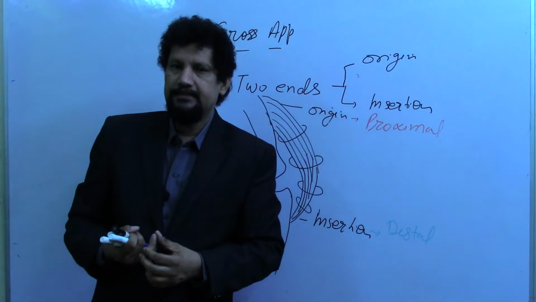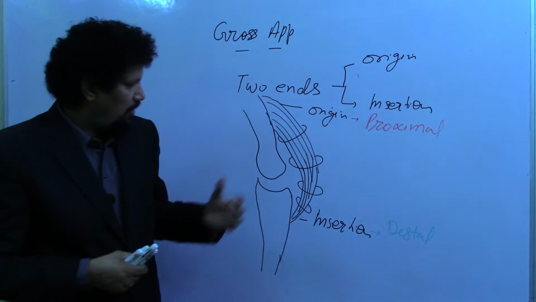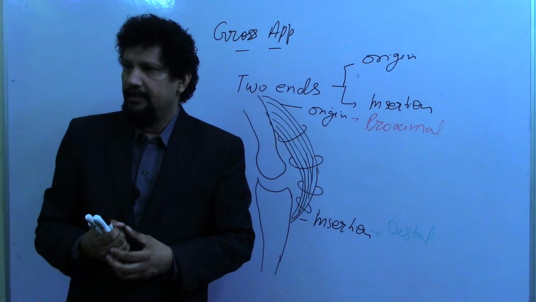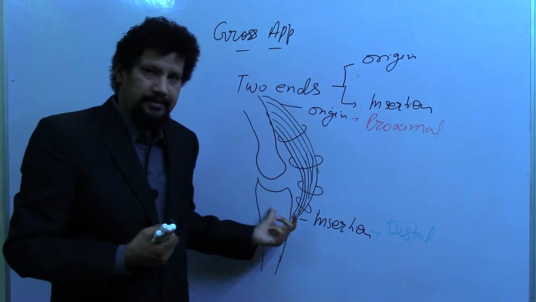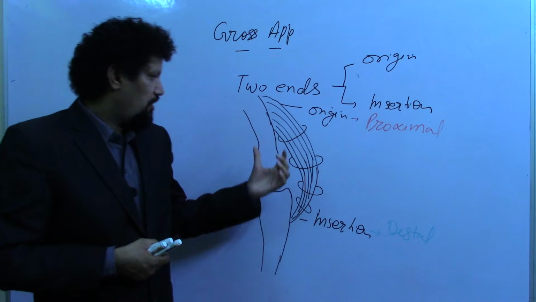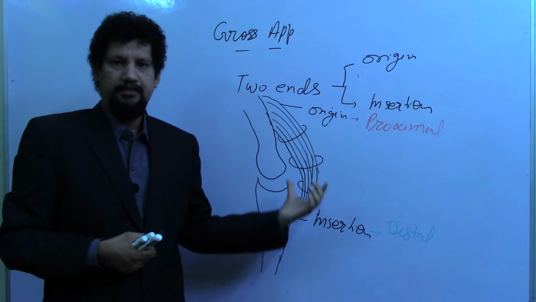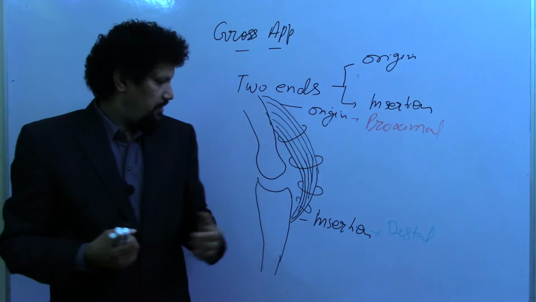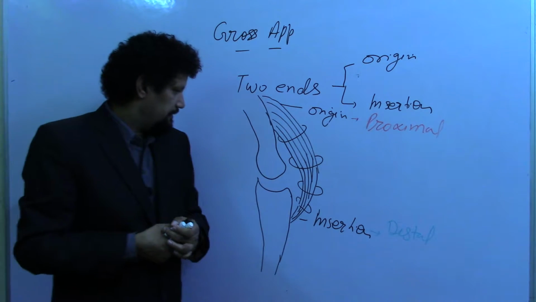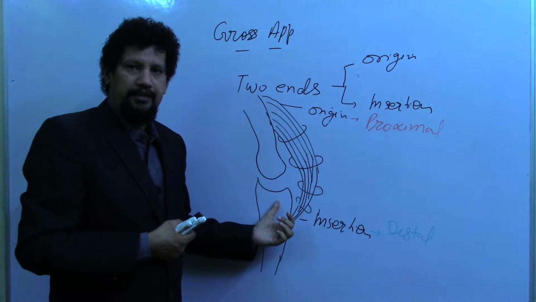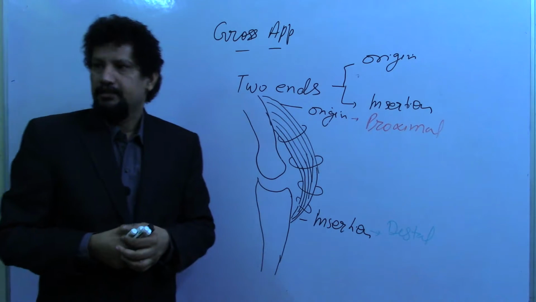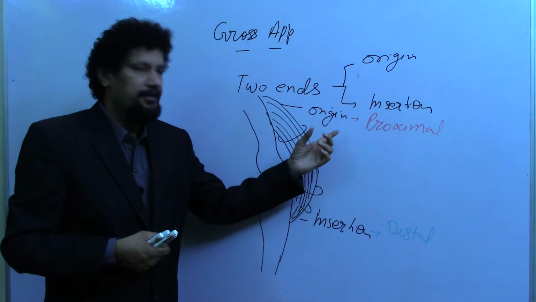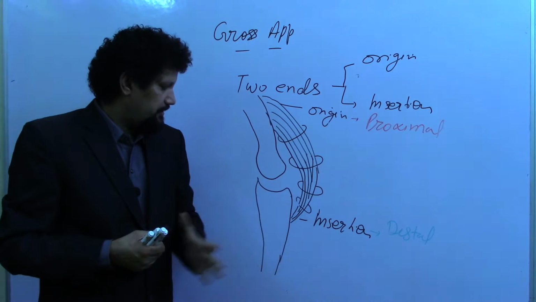The joint is acting as a fulcrum where the distal end, or movable part of the bone, is acting as a lever, and due to contraction of this part of muscle, this cord-like or rope-like part of muscle transfers the contraction to the distal part of the joint. So this part is the distal part and this part is the proximal part.